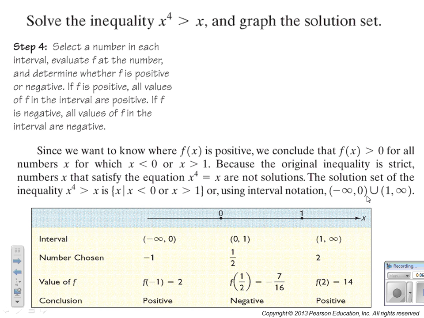So then we look at our original function. We want to know where f of x is positive. We conclude that f of x is greater than 0 for the numbers where x is less than 0 or x is greater than 1.